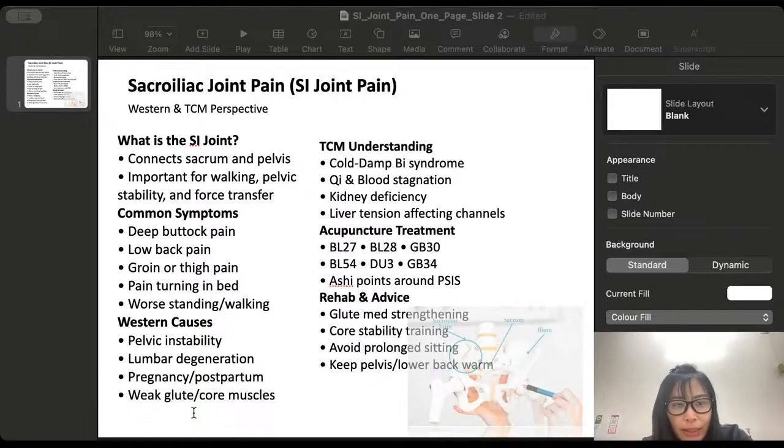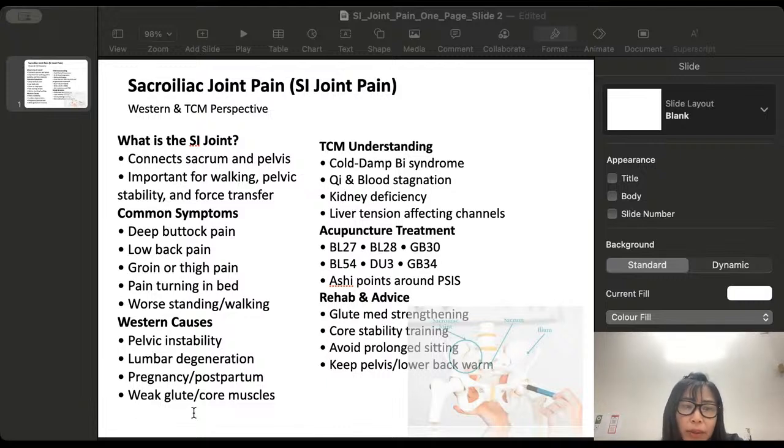Pregnancy and postpartum. This is extremely common clinically. We know that during pregnancy, the body produces a hormone called relaxin. It tries to make you relax. Relaxin loosens the pelvic ligaments to make childbirth easier, but sometimes after delivery, the pelvis never fully stabilizes again.